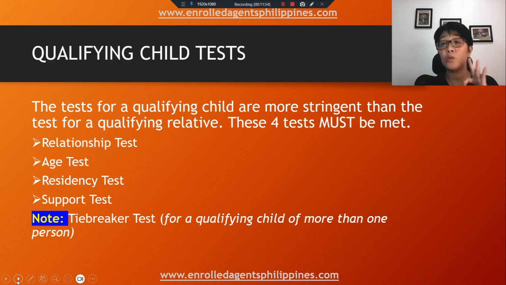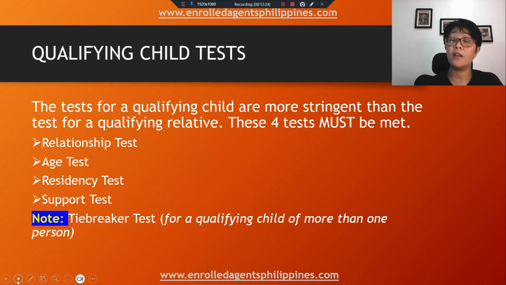So, in addition to the three primary tests, yung kaninang sinabi nating dependent taxpayer test, joint return test, citizenship or residency test, kailangan masatisfy yung tatlo na yon plus itong apat na to para mag-qualify siya as qualifying child.